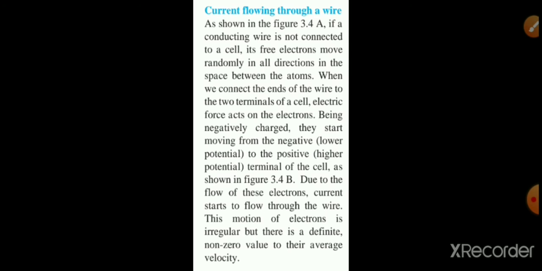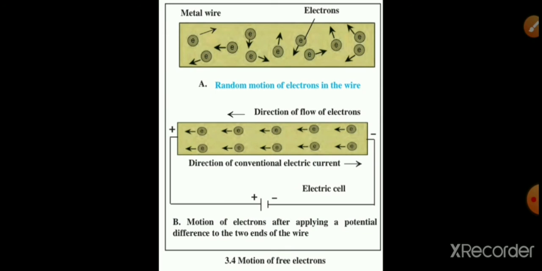When we connect the ends of the wire to the two terminals of the cell, electric force acts on the electrons. Being negatively charged, they start moving from the negative to the positive terminal of the cell, as shown in figure 3.4b. You can see in the second diagram that the electric cell is connected and the electrons start moving.